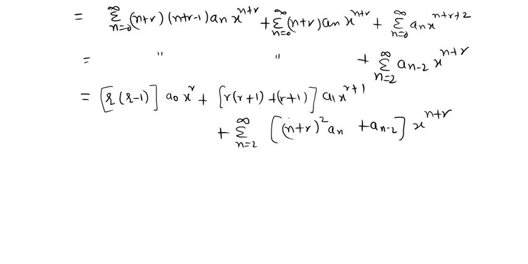So now r minus 1 equal to 0 gives you two roots. So this is the initial equation.